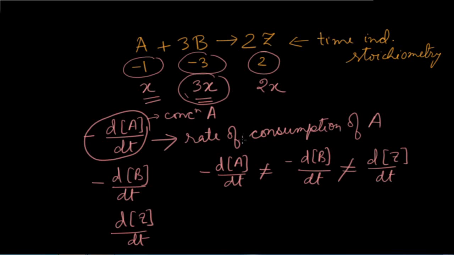So basically the rate of consumption and rate of formation for a time independent stoichiometry reaction follows a simple formula. It has a simple relationship.